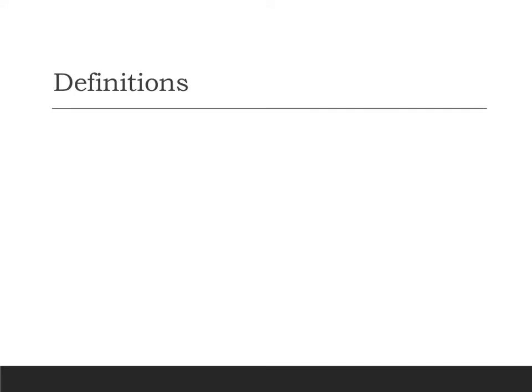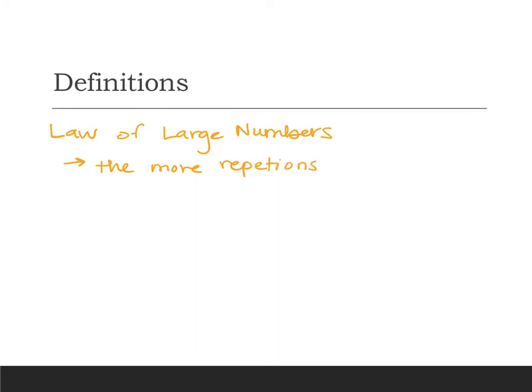The law of large numbers, you do want to make sure you understand the big idea of the law of large numbers, which of course, let's go ahead and write that one down. This is just my own words. This isn't a book definition. So, law of large numbers. Basically says that the more repetitions of a random process.